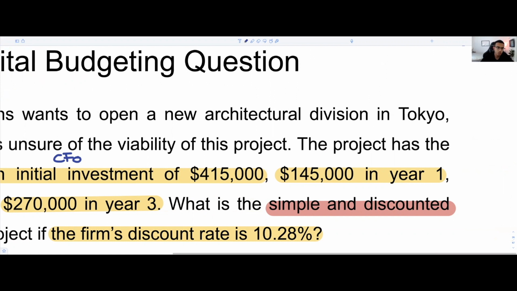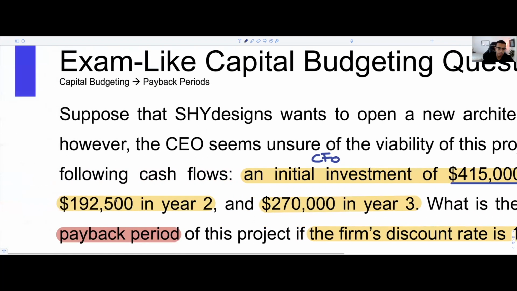Now, we know that the initial investment of $415,000 is going to be our CF0. So that's awesome. We know that $145,000 will be our payment at year 1. We know that $192,500 will be our payment at year 2.